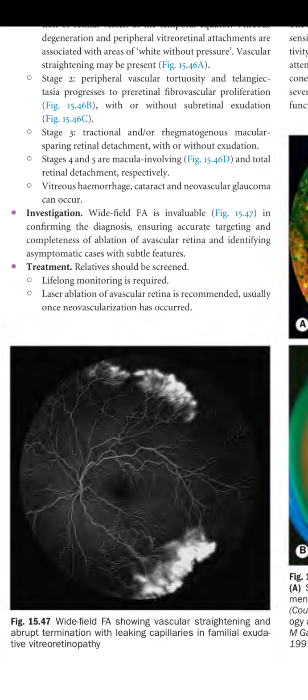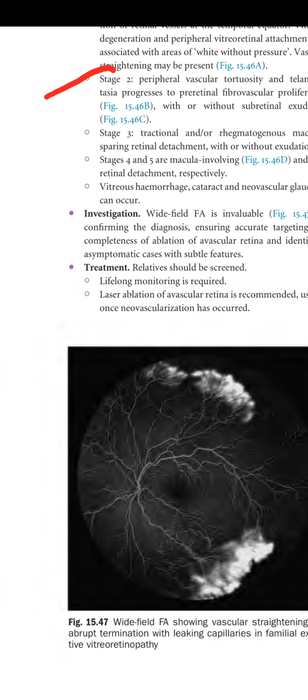So there is a retinal detachment but without macular involvement. Stages 4 and 5 are macula-involving and total retinal detachment respectively.